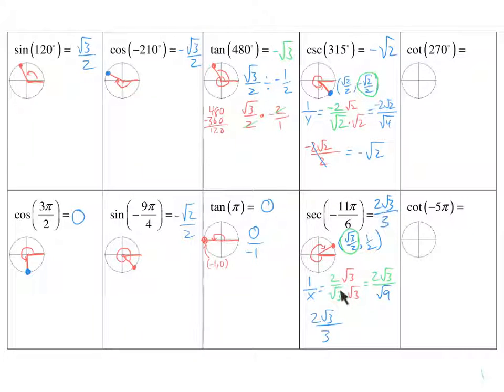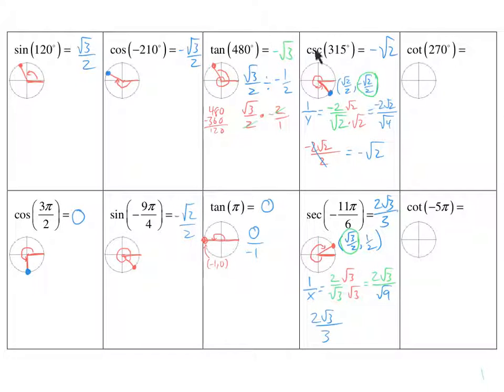Because the reciprocal of square root 3 over 2 is that. The reciprocal of this is that after we change its look. It is kind of annoying to have to do this, but you'll never see the answer like this. It'll always be changed so the radical is in the numerator and not in the denominator.